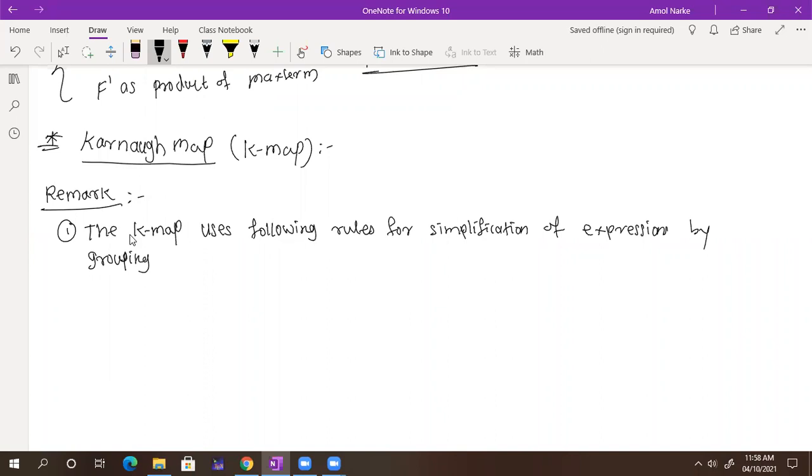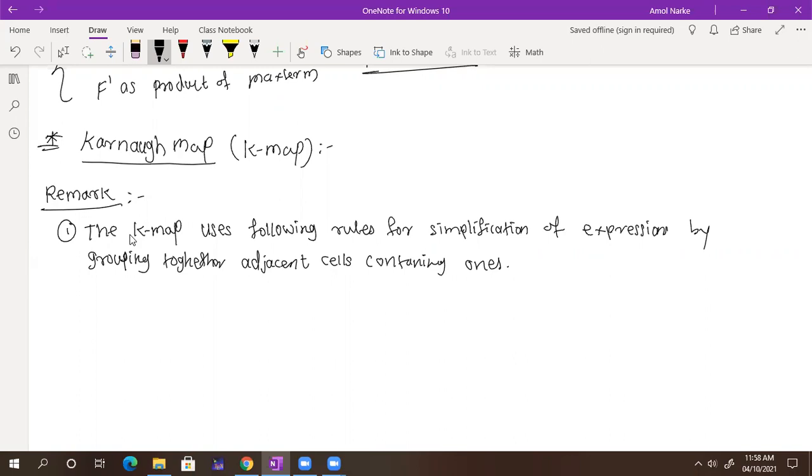So you need to make a group of adjacent cells containing ones. What those adjacent cells are and how we are going to do that, we are going to see.